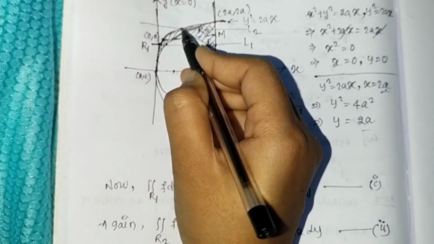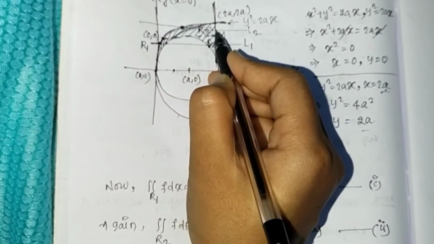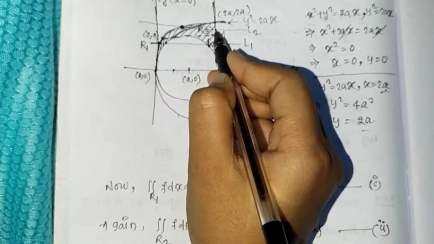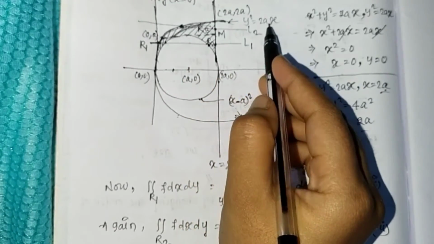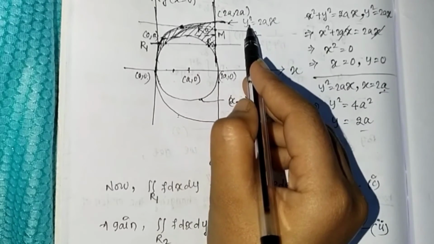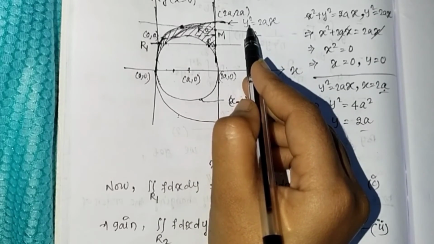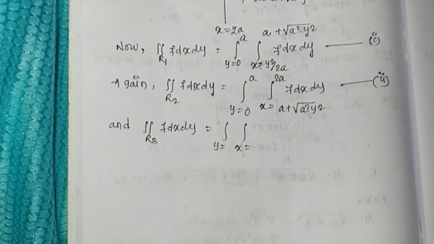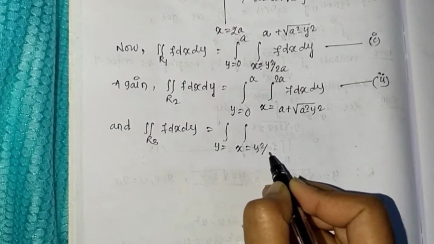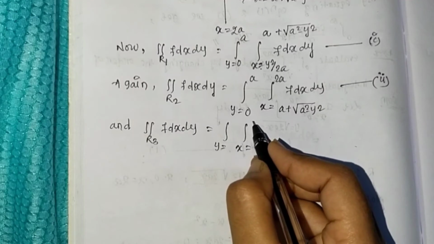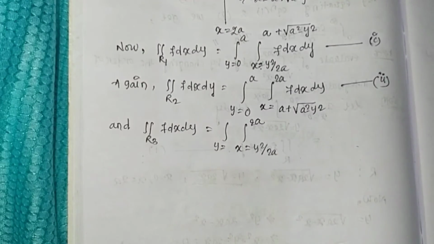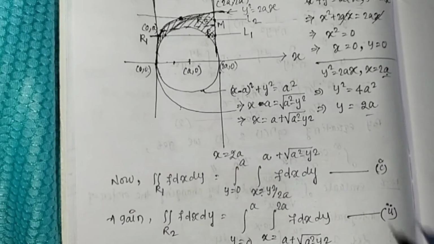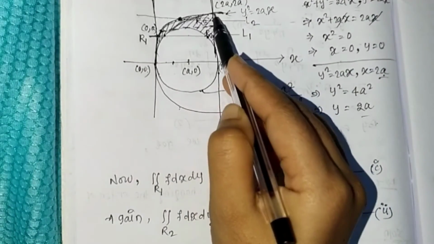Then we see the x limit is from this to this: x is y square by 2a to 2a. This is our 2a. So x is y square divided by 2a to x equal to 2a.